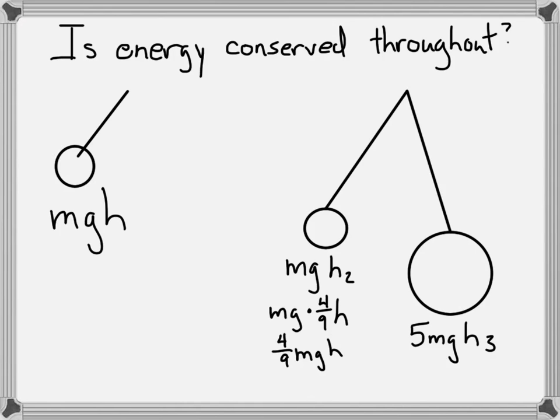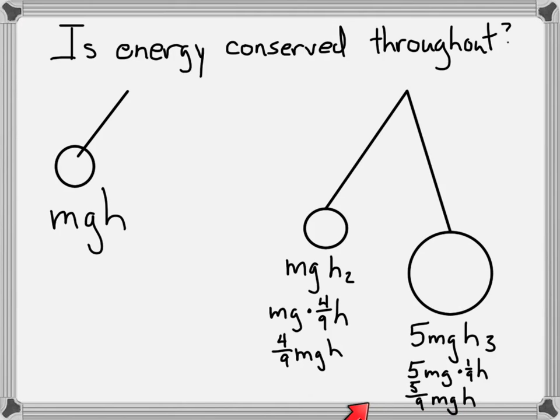So if I use my result from part B and plug in 4/9 h for h2, I see that the energy stored in this ball after everything's done is 4/9 mgh. I'm going to plug in 1/9 h for h3, like we found out in the previous slide, and I'm going to get a total potential energy of 5/9 mgh.